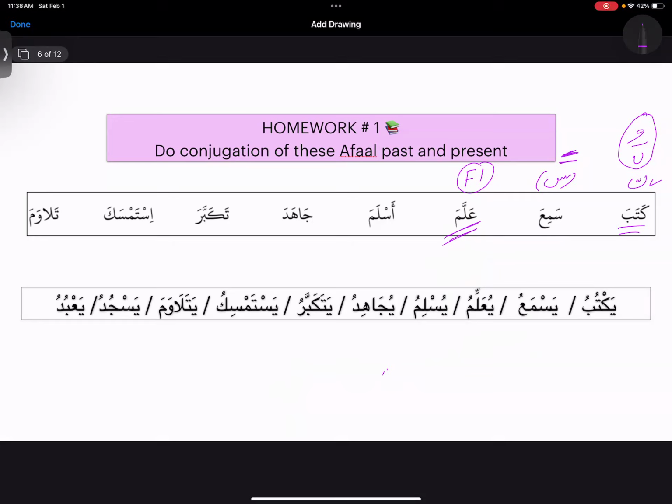And if it is Mazid Fihi, then there is a set pattern that we are going to learn. But for Madi, we do not need anything; we can conjugate the original way we have learned. So let's do the conjugation of Allama.